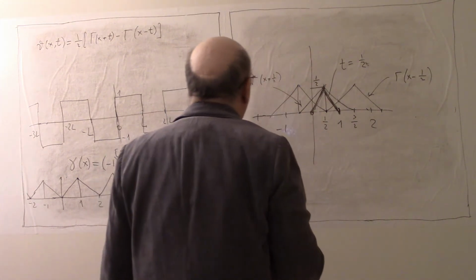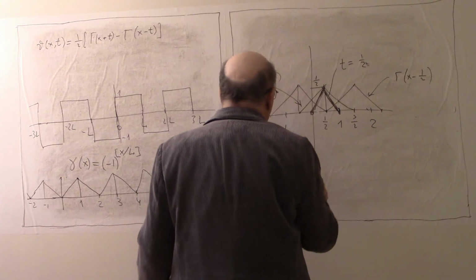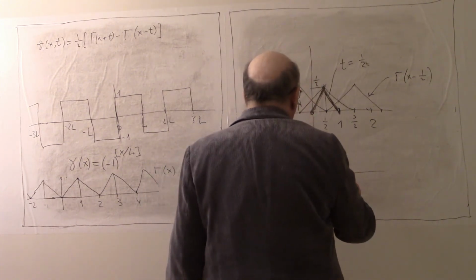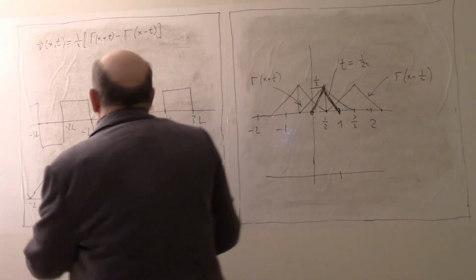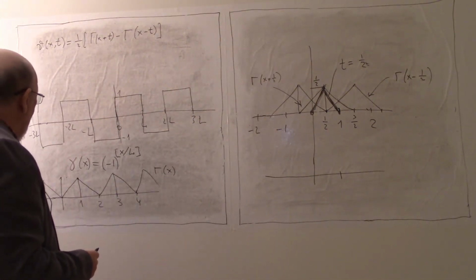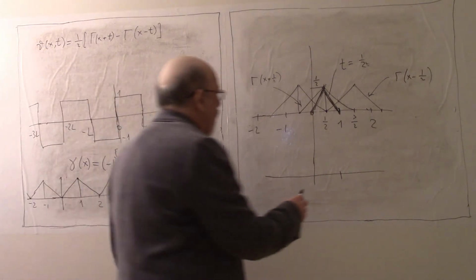So what is the solution for t equal 1? For t equal 1, gamma of x plus 1 is the following.